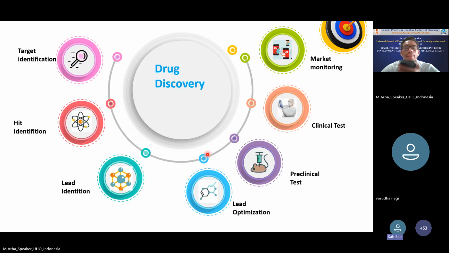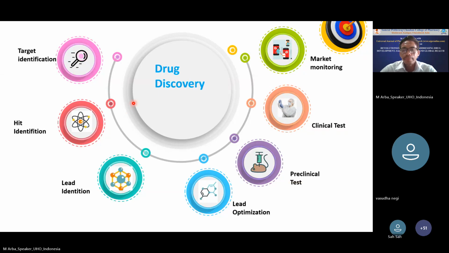I think my talk today is similar to what Dr. Alexander just talked about. Drug discovery consists of so many steps, starting from target identification, and then hit identification, lead identification, and so on. And this process can be done by a computational approach.